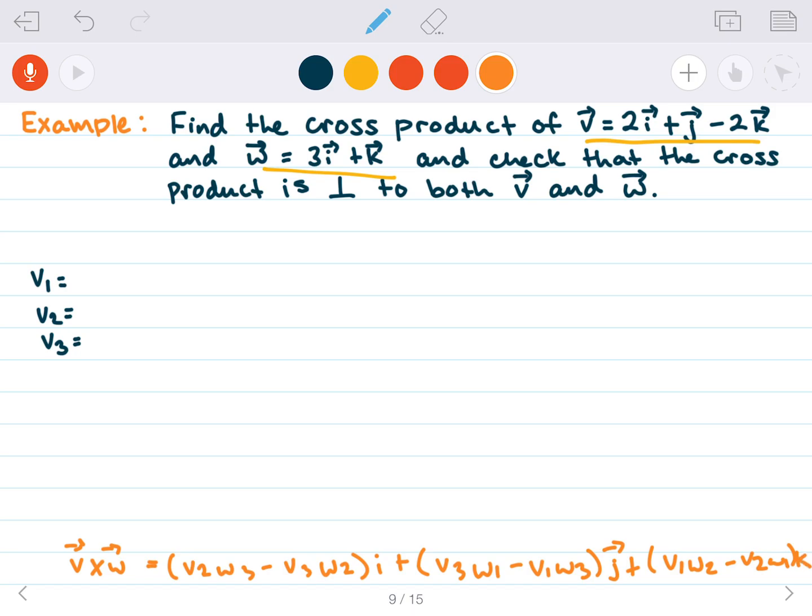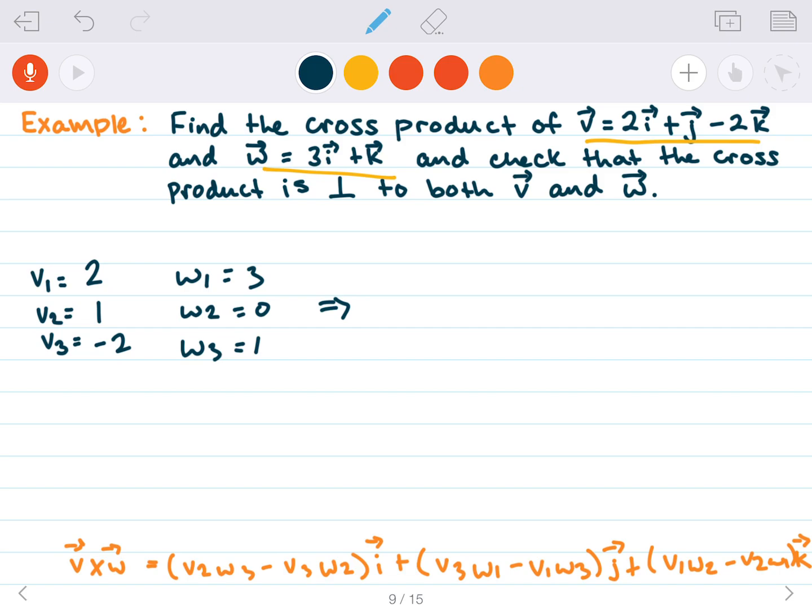Okay, so there is our formula. In our case, v1, the coefficient of i, is 2, v2 is 1, the coefficient of j, and v3 is negative 2. Then for w, w1, the coefficient of i, is 3, w2 is 0, we don't have a j, and w3 is 1.